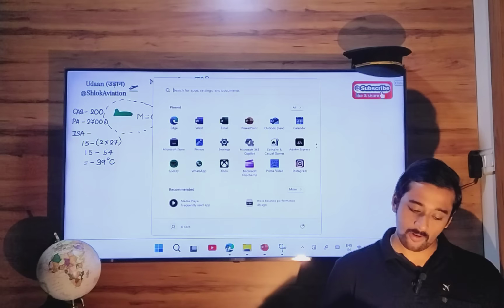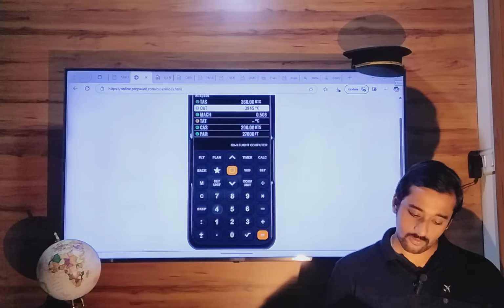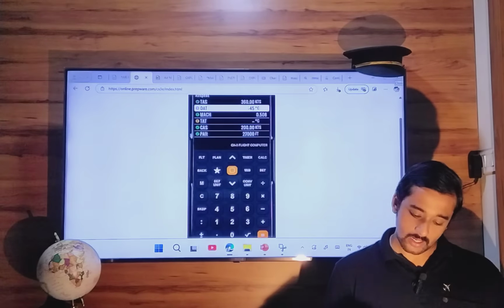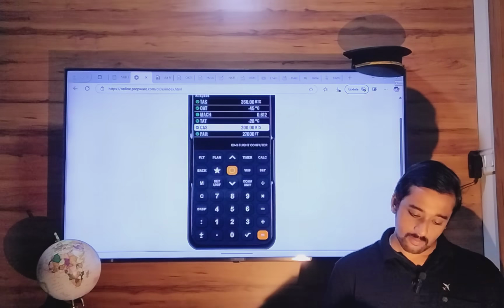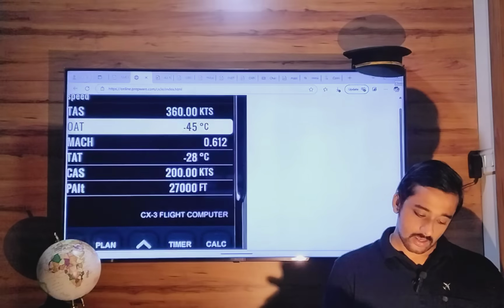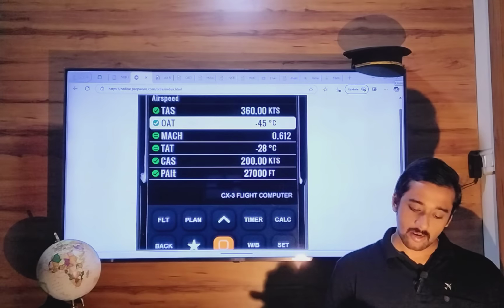Now let's put these new values in your CX3. Outside air temperature is minus 45. Okay. Calibrated airspeed 200. Pressure altitude 27,000 feet. So in this case, what's happening?